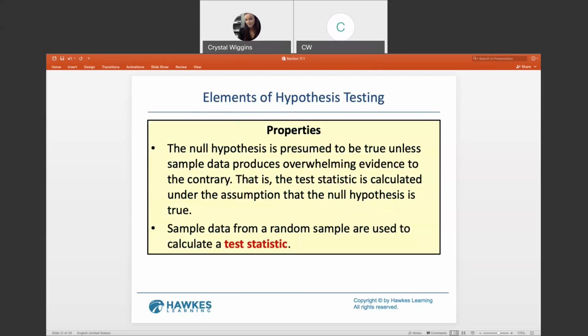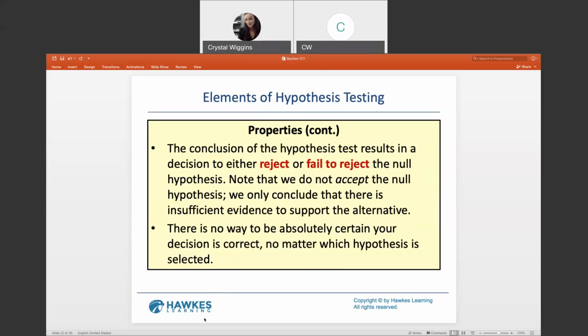The null hypothesis is presumed to be true unless the sample data produces overwhelming evidence to the contrary. That is, the test statistic is calculated under the assumption that the null hypothesis is true. Sample data from a random sample are used to calculate said test statistic. The conclusion of a hypothesis test results in one of two decisions.